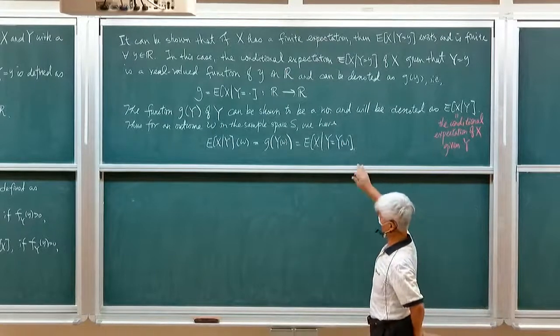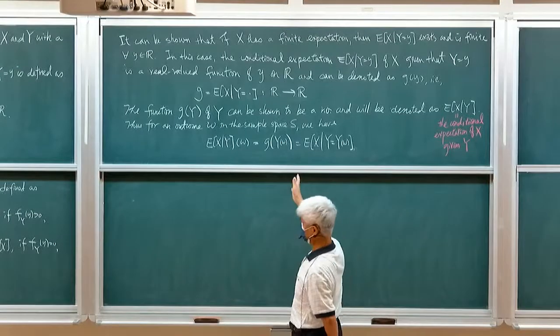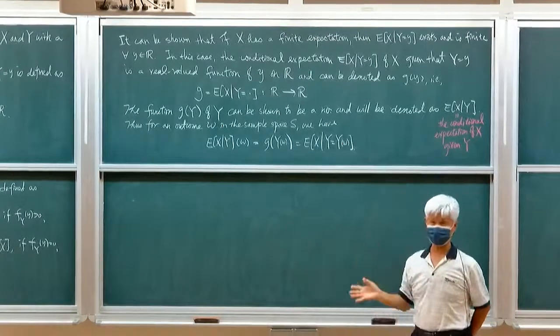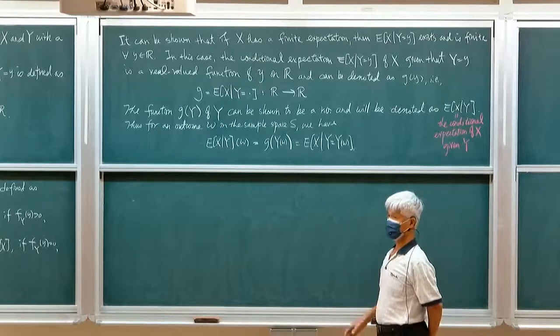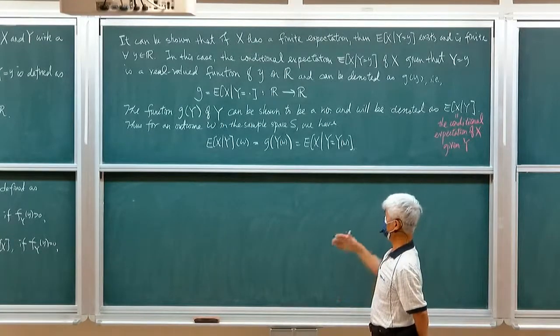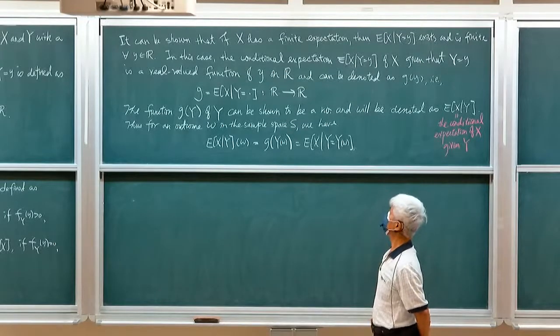So up to now, you can see that X and Y can be arbitrarily related. They may have correlation or be uncorrelated or anything.